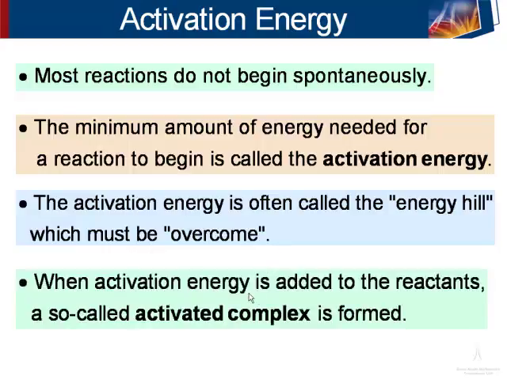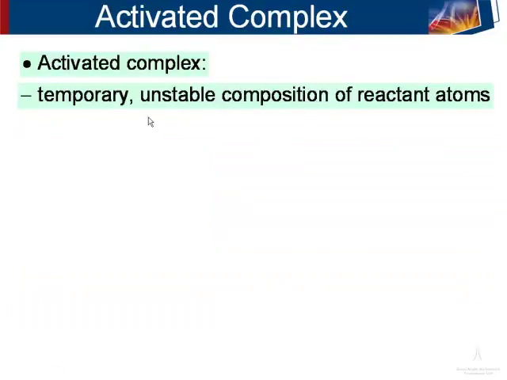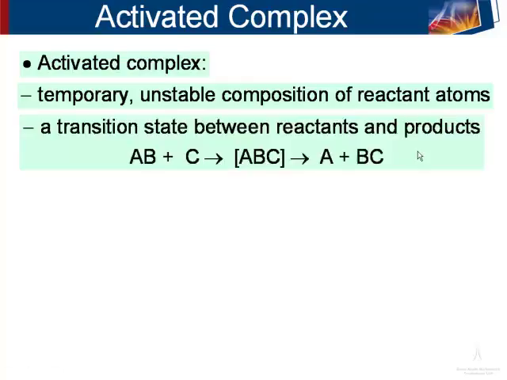When the activation energy is then added to the reactants, a so-called activated complex is formed. An activated complex is basically a temporary, unstable composition of the reactant atoms, or a transition state between reactants and products. In other words, if you react compounds A, B, and C, you have this state before you actually form the products.